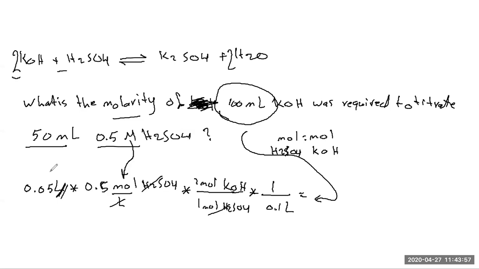It will be 0.05 times 0.5 times 2 divided by 0.1, and will equal 0.5. Guys, just double check the number in case I made a mistake, because I'm doing the calculation quickly. So it will be 0.5 mole divided by liter, which equals 0.5 molar.